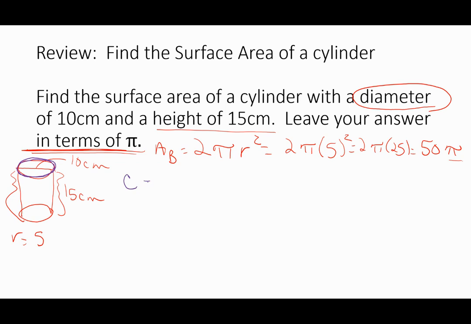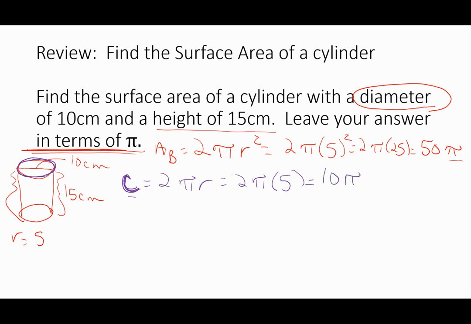The circumference of our top circle is going to be 2 pi r. Again, these are formulas that you should know, but they'll also be given to you. The circumference looks like the edge, that C looks like the edge. So that's 2 pi times 5, which gives us 10 pi.